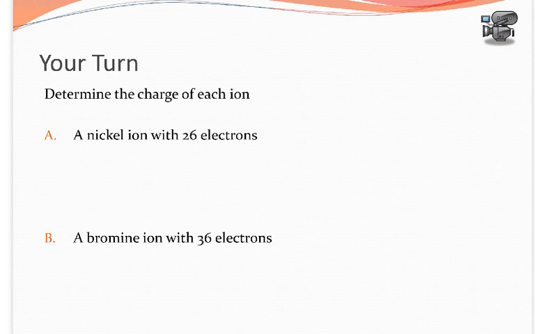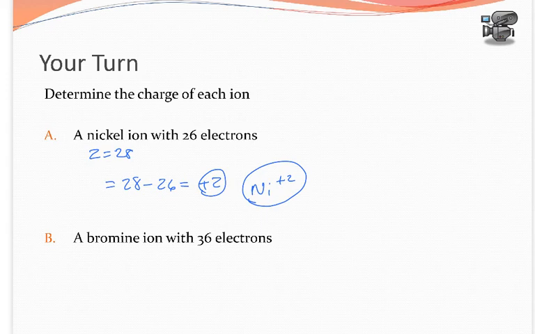If we have a nickel ion with 26 electrons, we know that nickel has an atomic number of 28. So our number of protons, 28, minus our number of electrons, 26, will be positive 2. So nickel is a cation. Let's do bromine with 36 electrons.